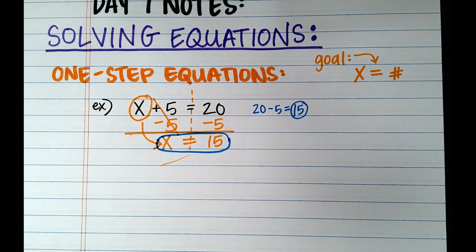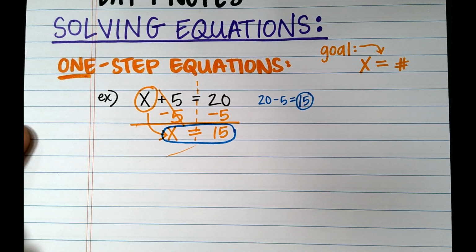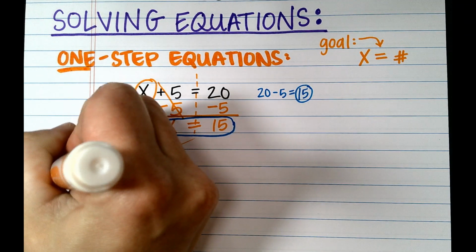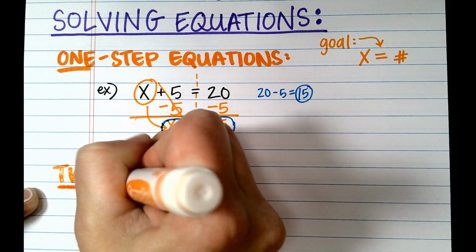So then we move forward to 2-step equations, which is like what we did in the do now. So let me write a second title. I guess I'll use orange again. 2-step.